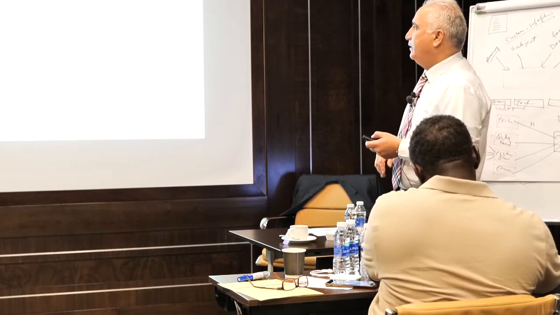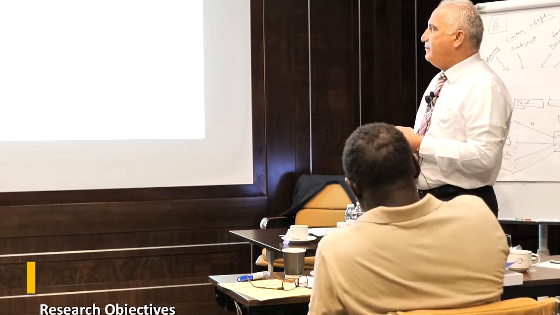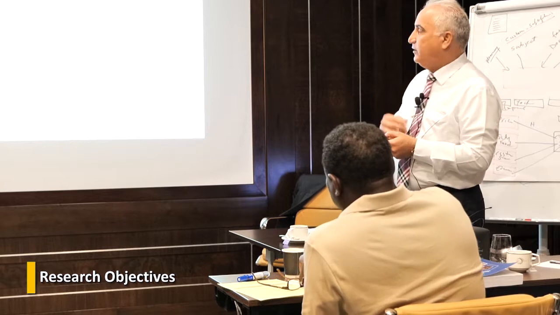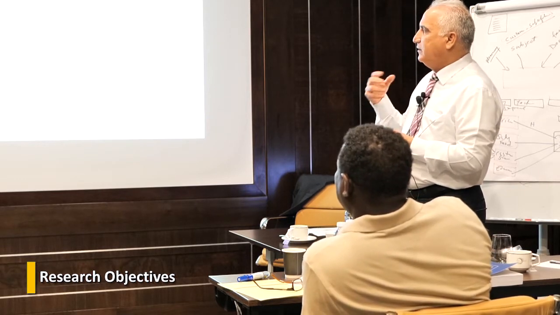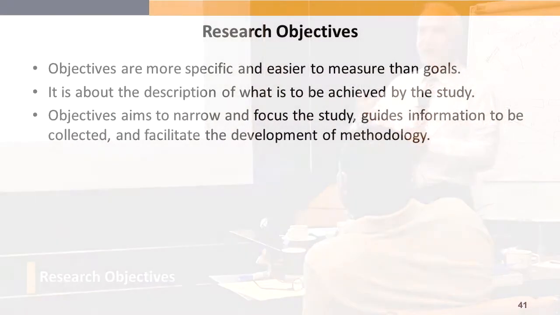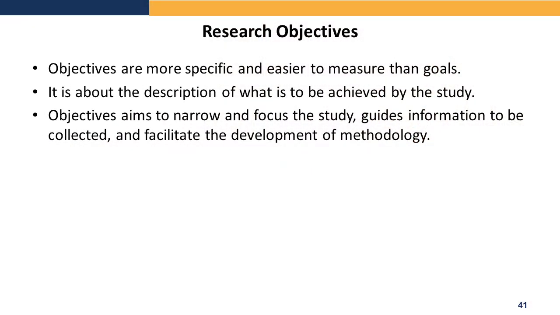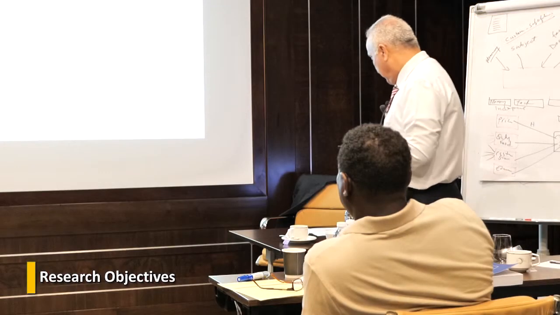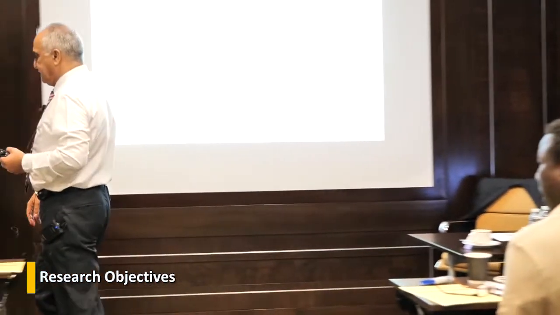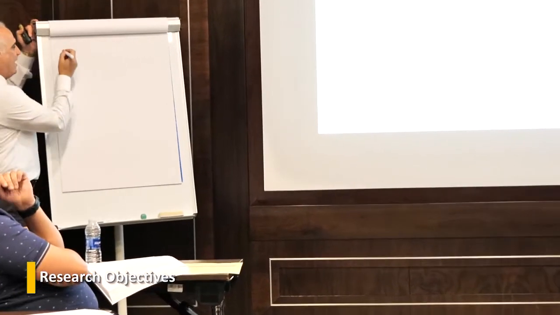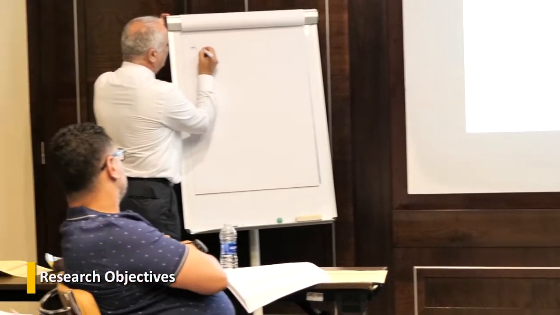Now, objectives, as I mentioned, you turn your objective into a smart objective. Again, you need to identify for each objective what the literature is, what the methods are, and what the analysis and the conclusion will be. Therefore, in the research example, we have objective 1.